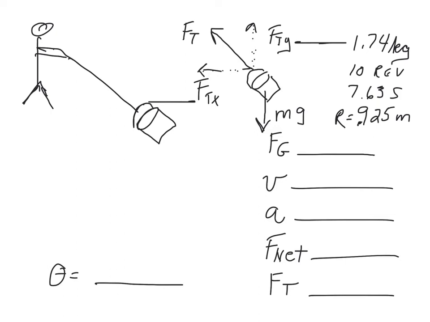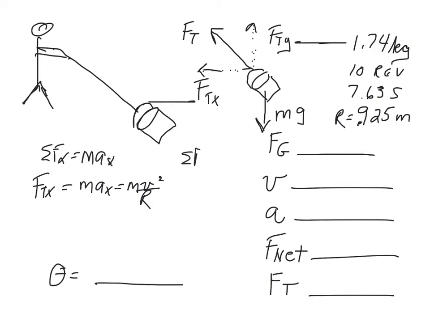And so doing our usual sum of the forces x equals max, we get that Ftx equals max equals m v squared over r for this problem.